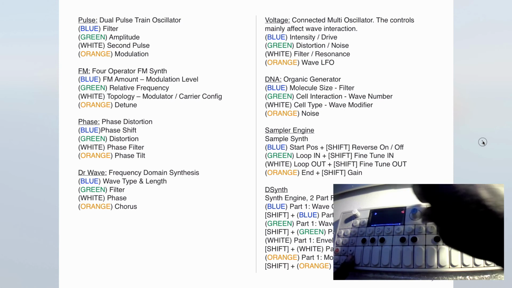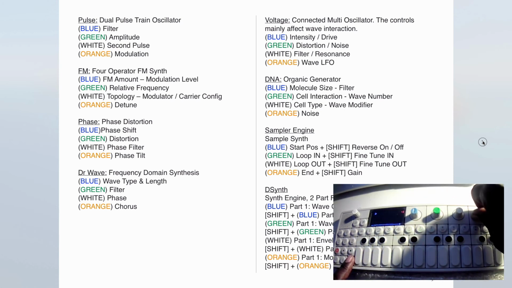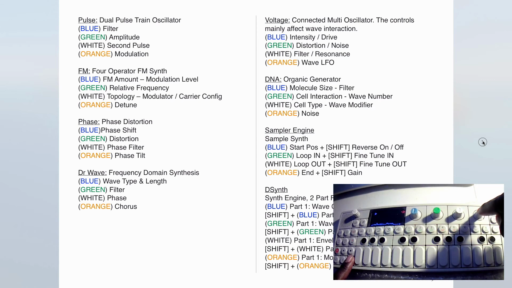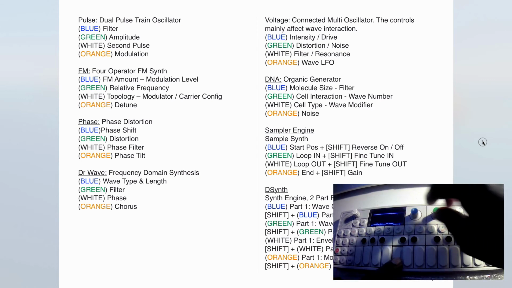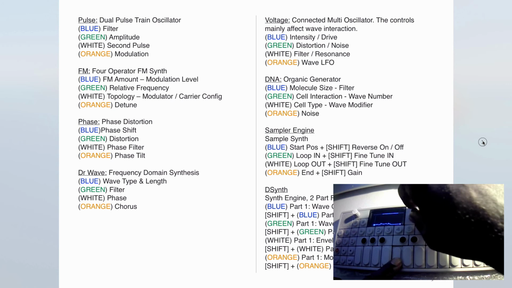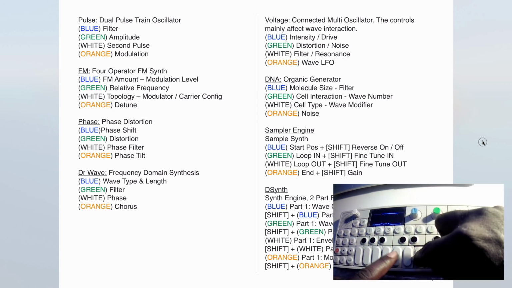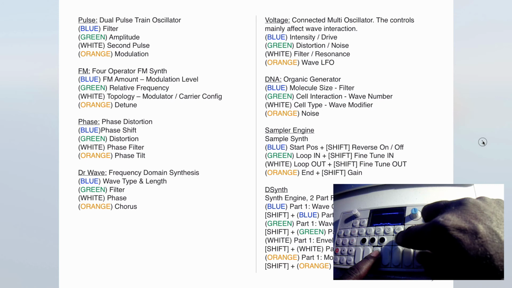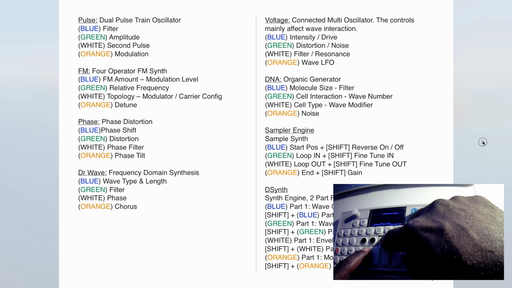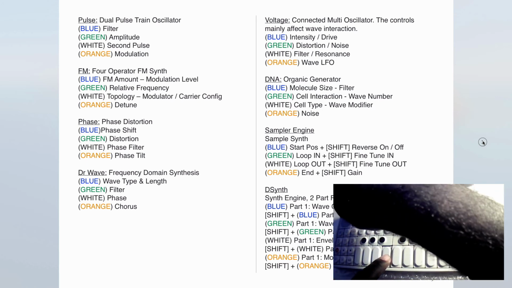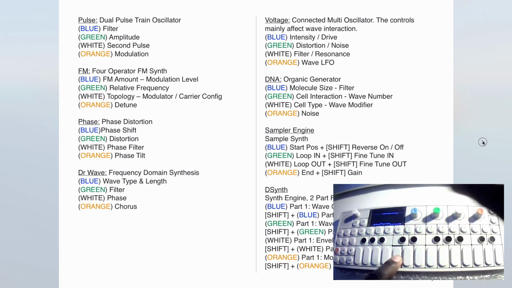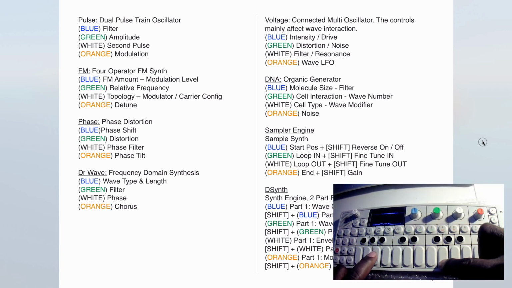How do you increase the amplitude again? Here we go. So shift and orange. Testing 1 2 3. I have to work it out. I'll do another lesson on sampling, but it was just a quick example.